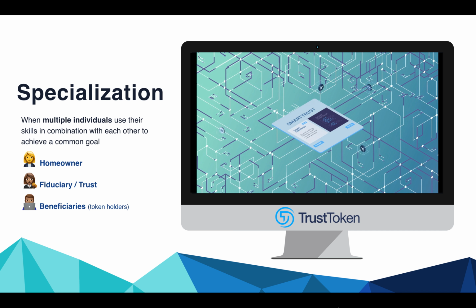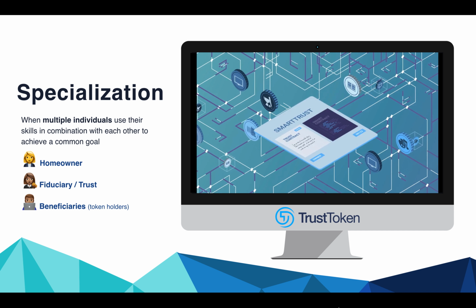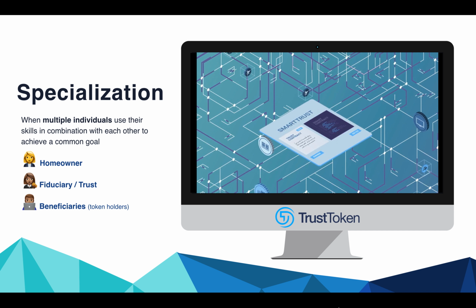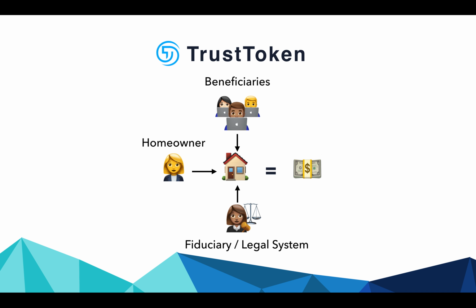So if the homeowner asks them to tokenize it, then they do tokenize it, and they can distribute the tokens to beneficiaries, who then have legal enforcement to tell the fiduciary what to do with the home, such as who to rent it out to, or who to hire as a cleaning service if they decide to Airbnb it out, things like that. And so once again, we see this collaboration of specializations around one central token or asset being the home to produce value for everybody in the system.